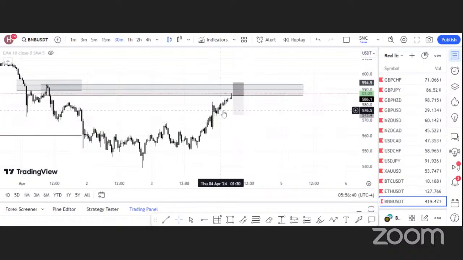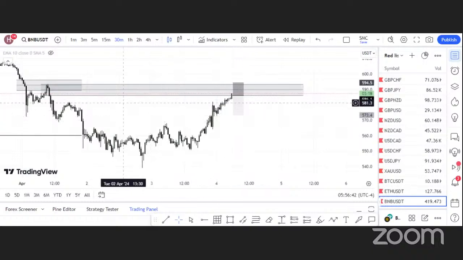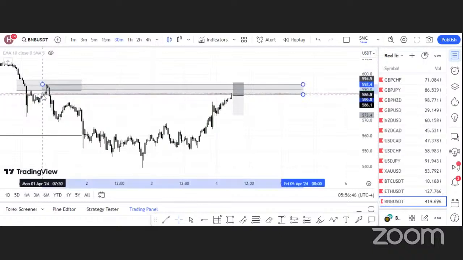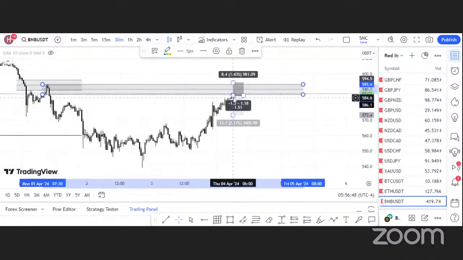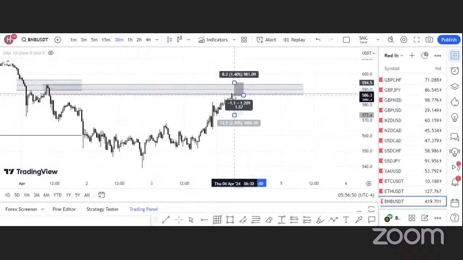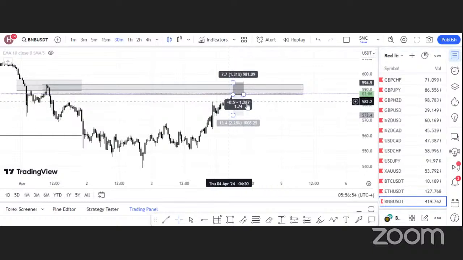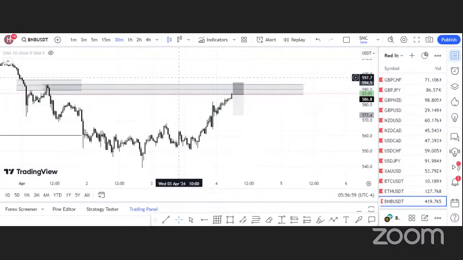All right, so let's stay on this chart. Let's see what happens after the close of this current candle. Let's see if this candle is going to respect this zone and reject the zone. Okay, so once this zone gets rejected, we are going to set a sell order for this trade.